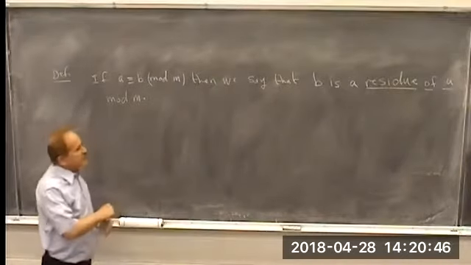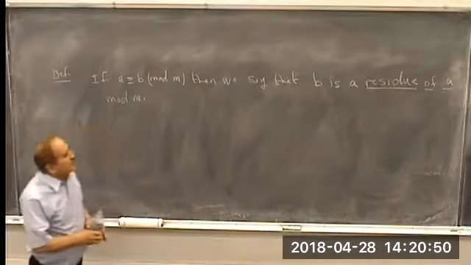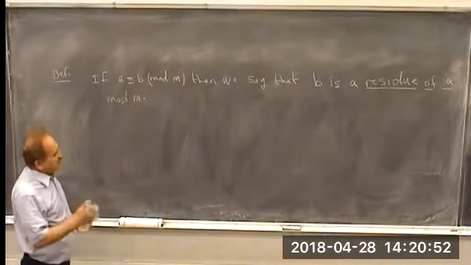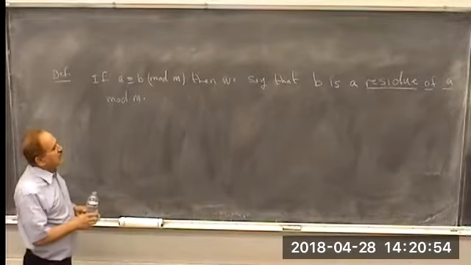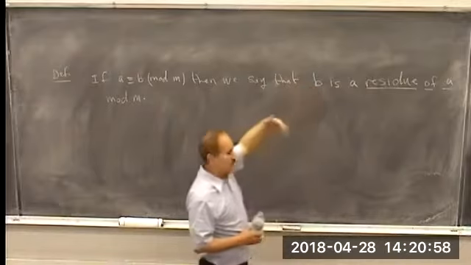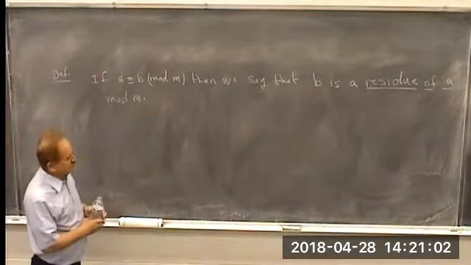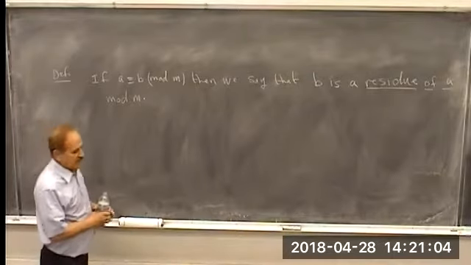When we divide A by M, it could leave a residue of B, or of course another remainder that would also be left when we divide by M.